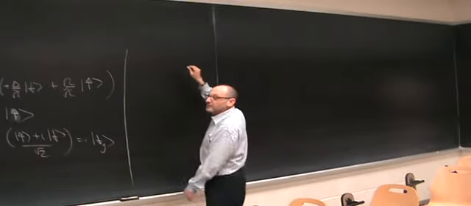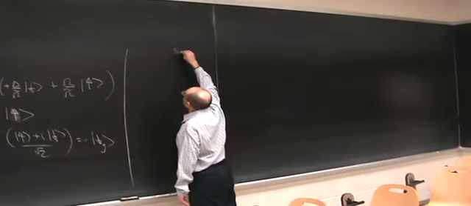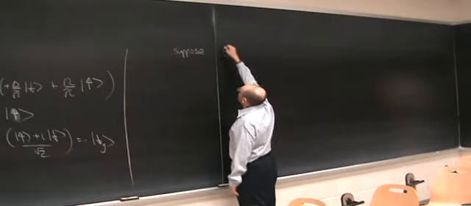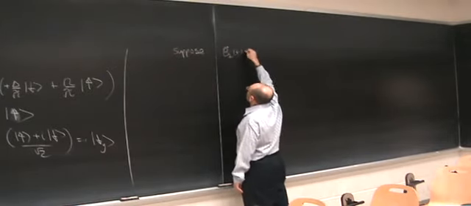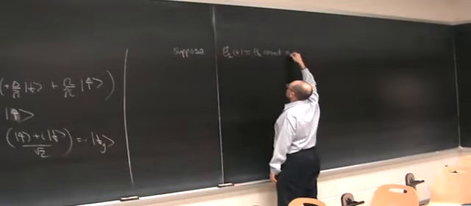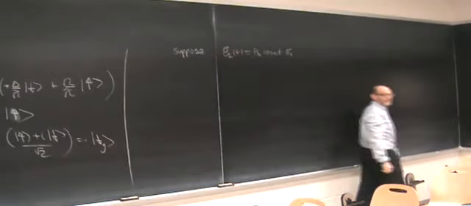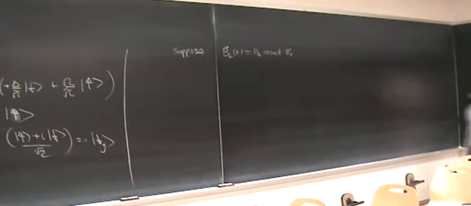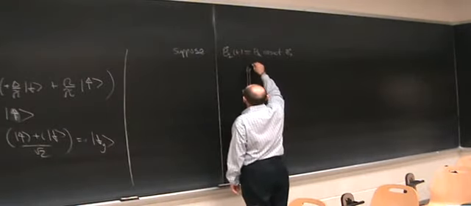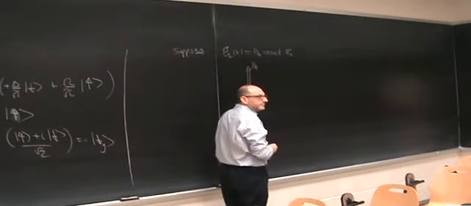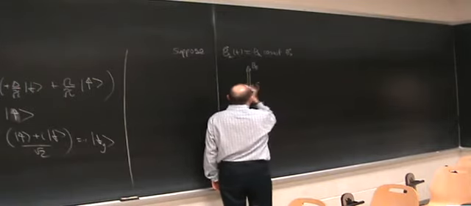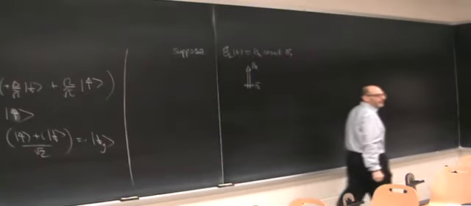But let's consider the following problem. Suppose my B perp, for example, only oscillates along the x-axis. Here's my problem from the point of view of the spin. Here's my B parallel, and now I have just a transverse magnetic field that's oscillating back and forth along the x-axis.